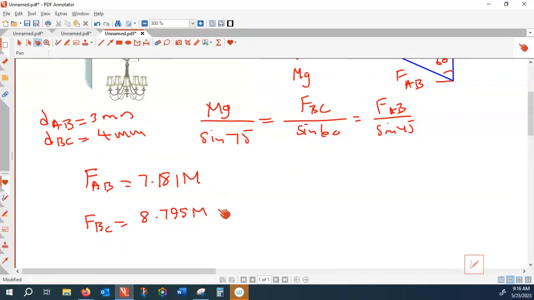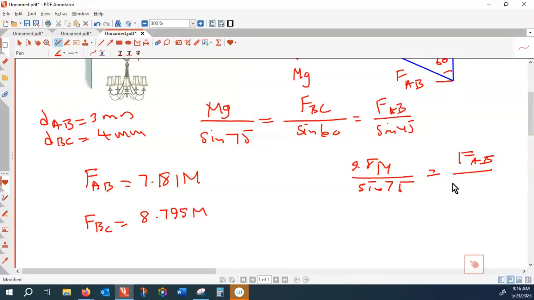FAB. Where did I get this from? Okay, that's easy. Just let's pretend this one doesn't exist. Then you manipulate that expression. That is m times 9.8 divided by sine 75 is FAB divided by sine 45, which is root 2 over 2.